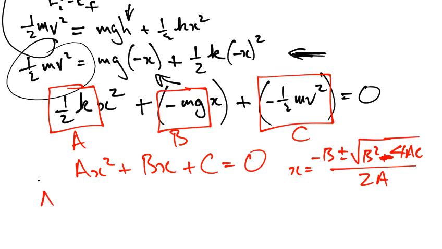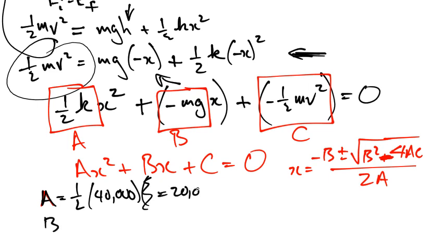Let's calculate the values for them. A is equal to 1/2 k being 40,000 times, and that's that. B, so that's just 20,000.